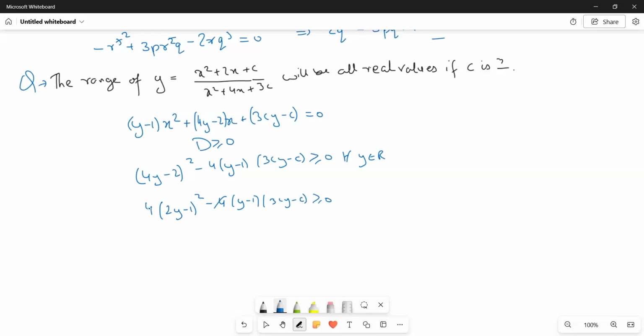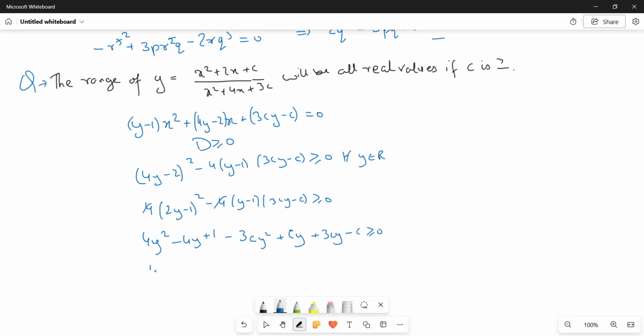4 cancel हो जाएगा, तो ये हो गया 4y square minus 4y plus 1 minus 3c y square plus 4cy, 3cy and minus c is greater than equal to 0.